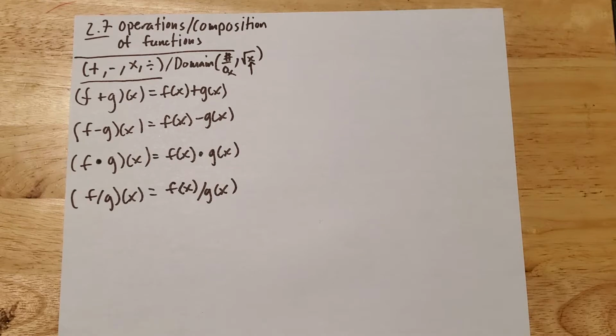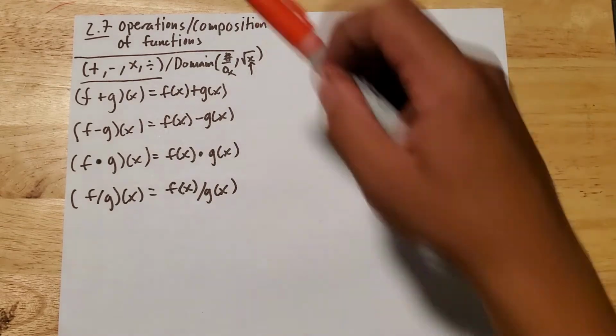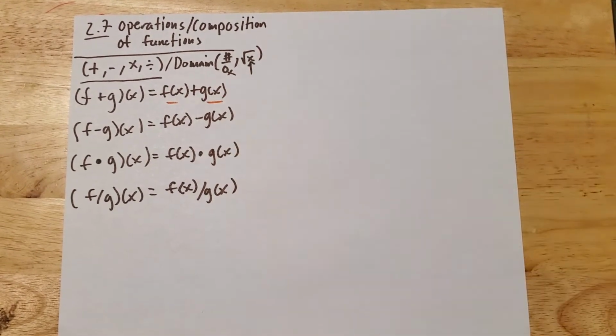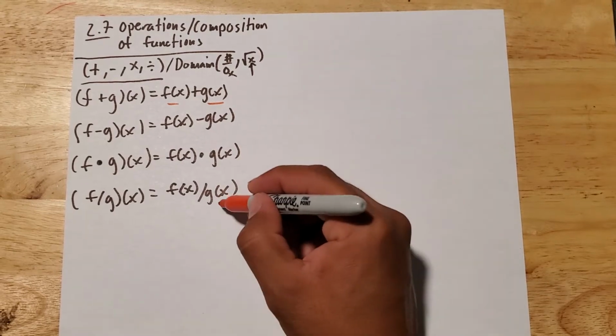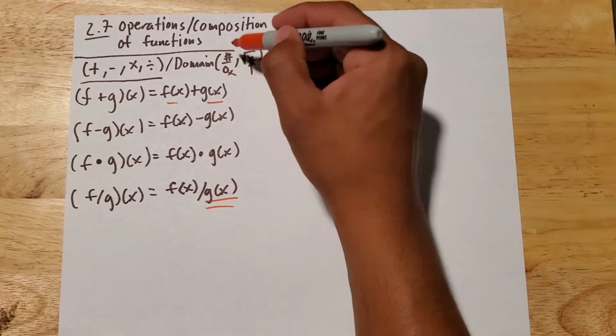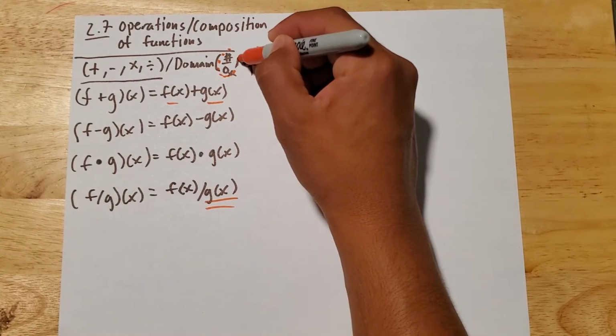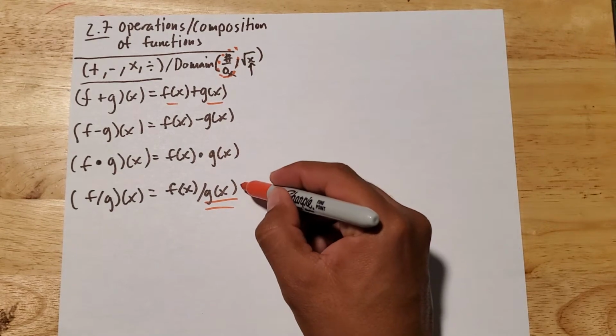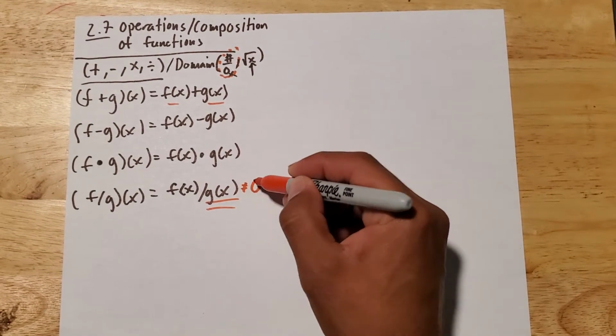The only thing now is, before we were just looking at the domain of one function, but now we have to satisfy the domain of both of these two functions. And then the fact that you're dividing them, you're making a fraction. So when you're making that fraction, that means now you have to be careful, where in this situation, you have to make sure that g of x cannot be equal to 0.